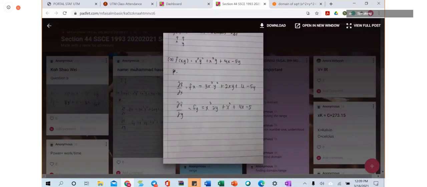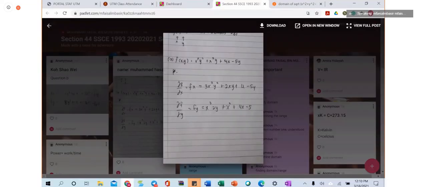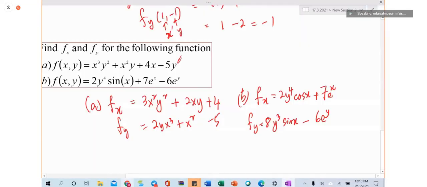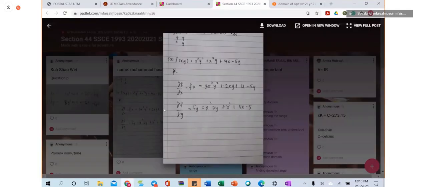So we see Hassan first. 3x squared y squared, 2yx plus 4. Okay, Hassan, you need to remove this 5y. Because if you differentiate with respect to x, y will be constant. You treat this y as a constant, okay?